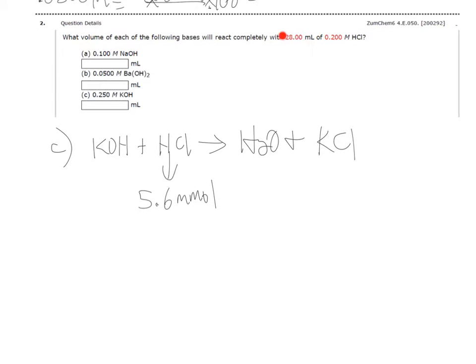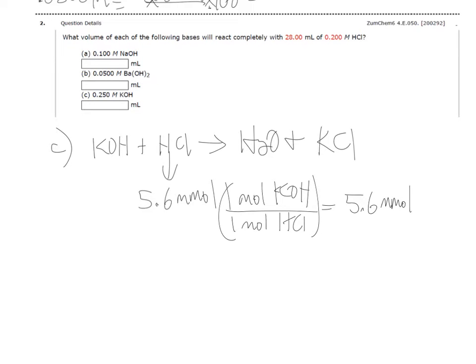In parts A, B, and C, the number of milliliters and the molarity of the hydrochloric acid has not changed, which means that the number of millimoles that you get won't change either. It's a 1-to-1 molar ratio between hydrochloric acid and potassium hydroxide. And so we have a required 5.6 millimoles of potassium hydroxide to make this reaction go.